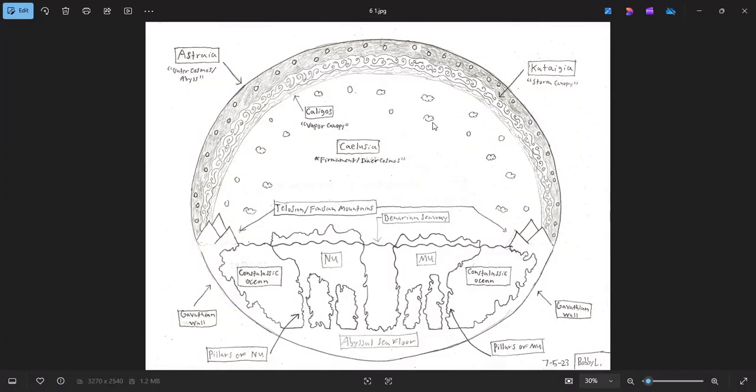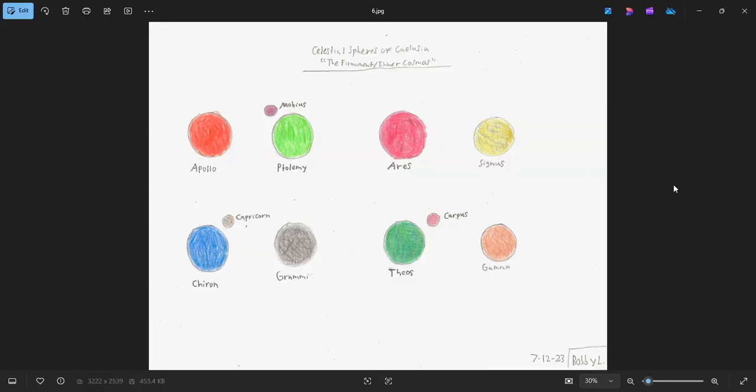Along with the clouds in Kylusia, you can obviously see that there are these circular-shaped structures ladened throughout the sky. Within Kylusia are many celestial bodies, and these spherical bodies are known as planetae.